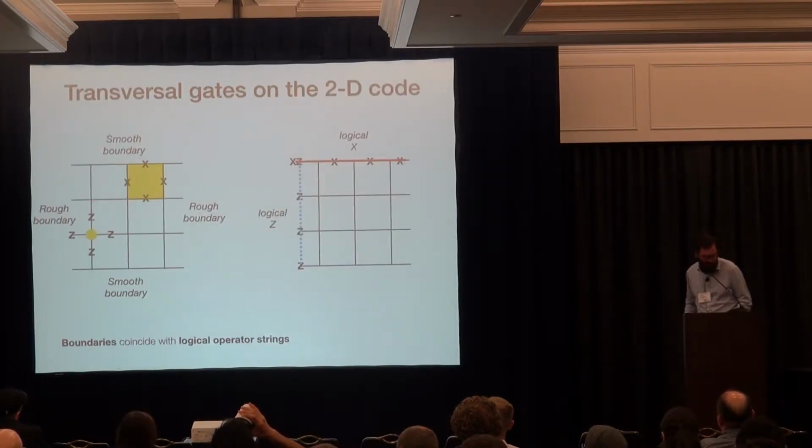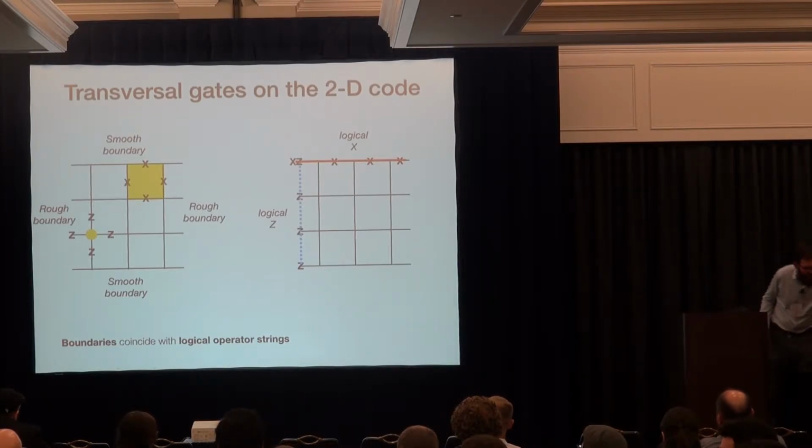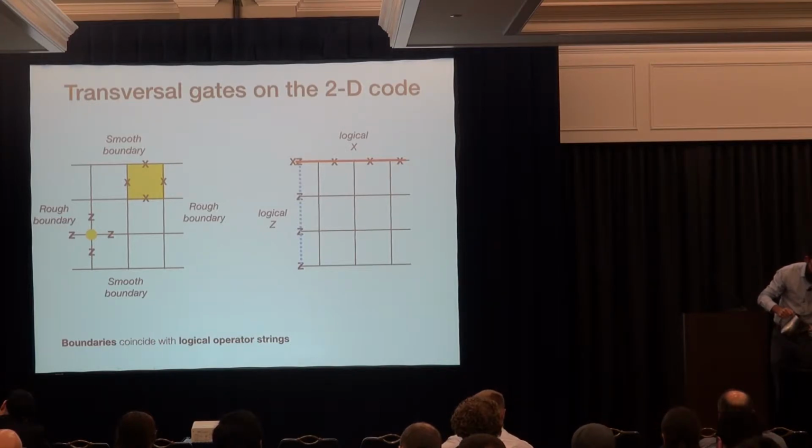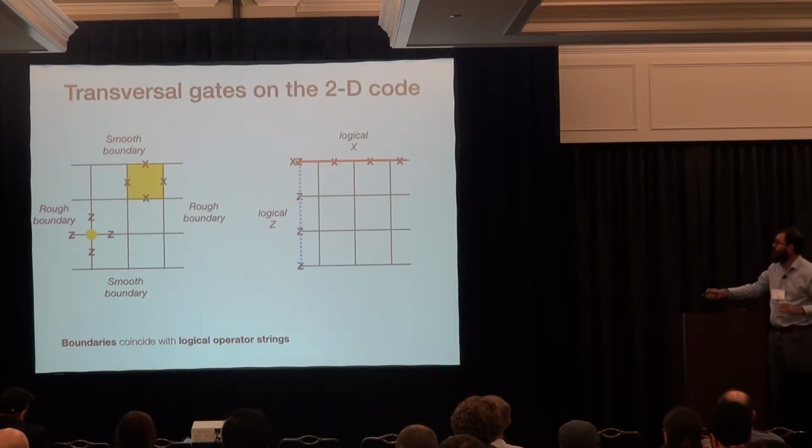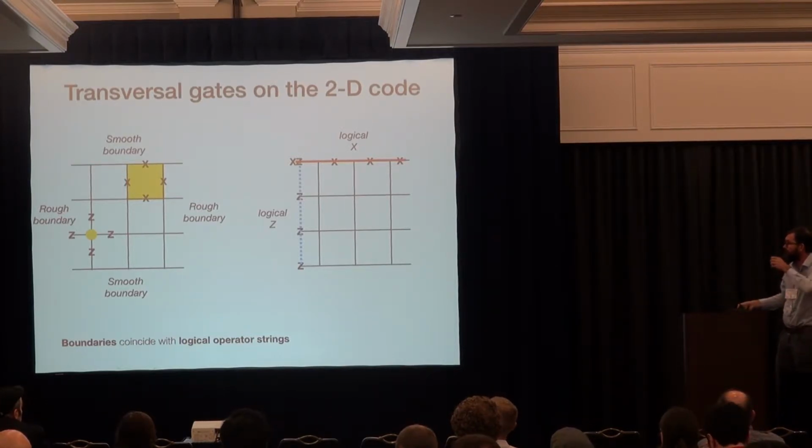Okay, so let's start with the 2D code. So this is all very familiar to everybody. I'd like to point out that in this representation of a single logical qubit, we have a 2D surface with two types of boundaries. We've got smooth boundaries and rough boundaries.